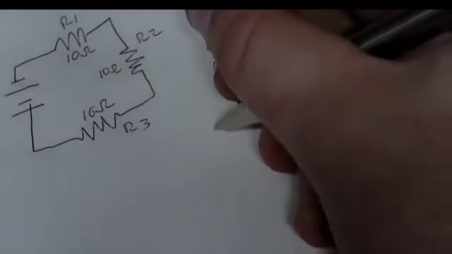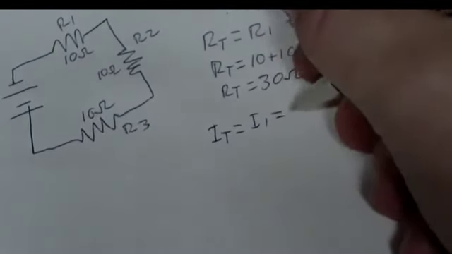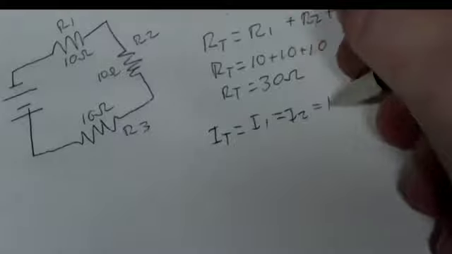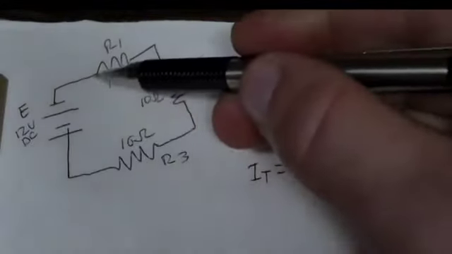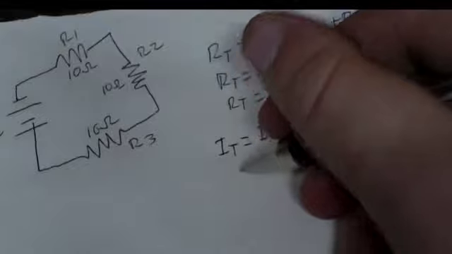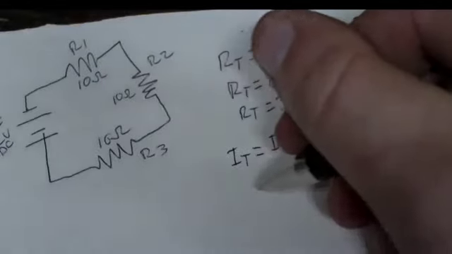Now to find your amperage, your I total equals I1, which equals I2, which equals I3. In other words, your amperage is the same throughout this whole circuit. So, in this case, you call this I1, I2, and I3, which is your amperage on all three resistors.